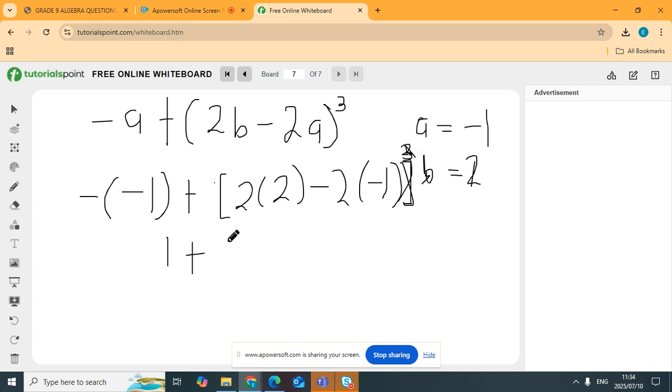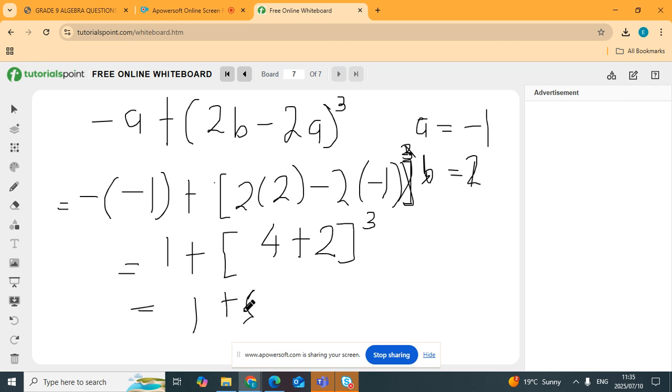Then you say plus 2 times 2 is 4. Minus 2 times minus 1 is positive 2. And then you raise it to the power of 3. So you now get 1 plus 6 cubed. If you punch it all into the calculator, you end up with 217. So 217 is going to be your answer.